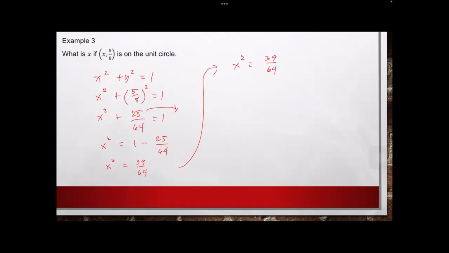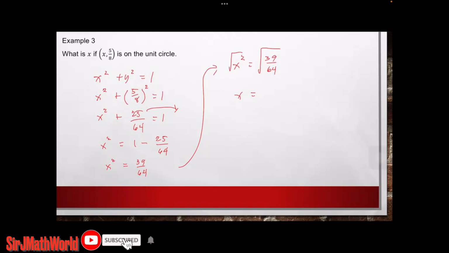Since we need to find x, we need to take the square root. The square root of x squared is x, and 39 has no perfect square root, so it remains under the square root. The square root of 64 is 8. So we have positive and negative square root of 39 over 8. That is the answer.